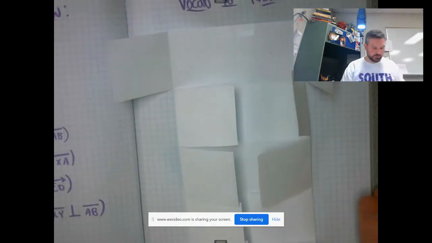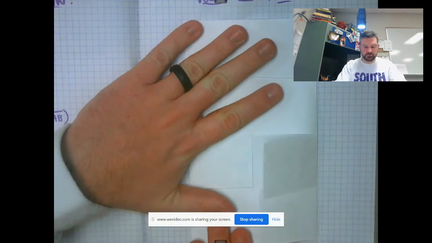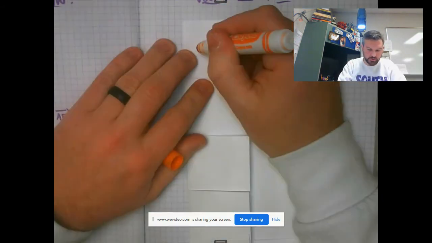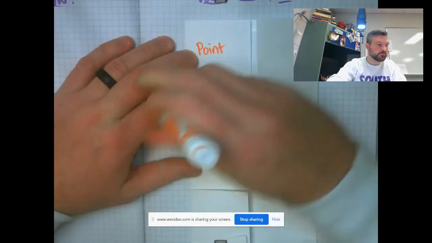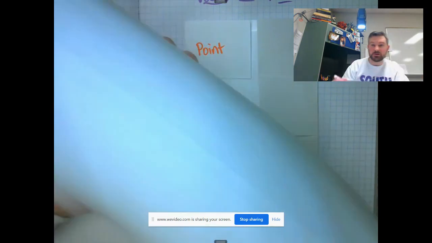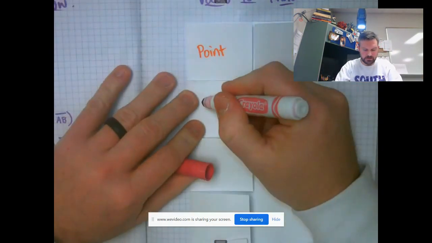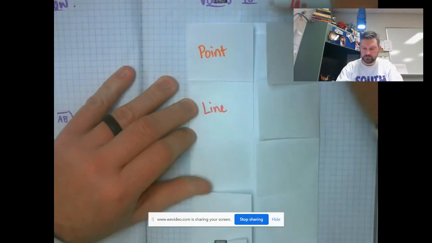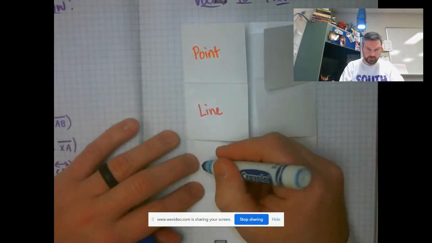All right, some words that we've already done, we're going to write over here at the top. So the first one will be point. And I got markers. If you guys want to use the same markers or trade with people, that's fine. We have line. We have plane.